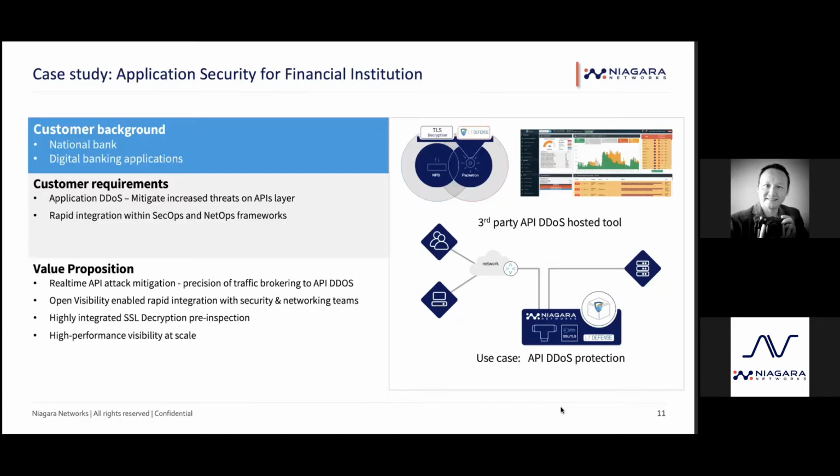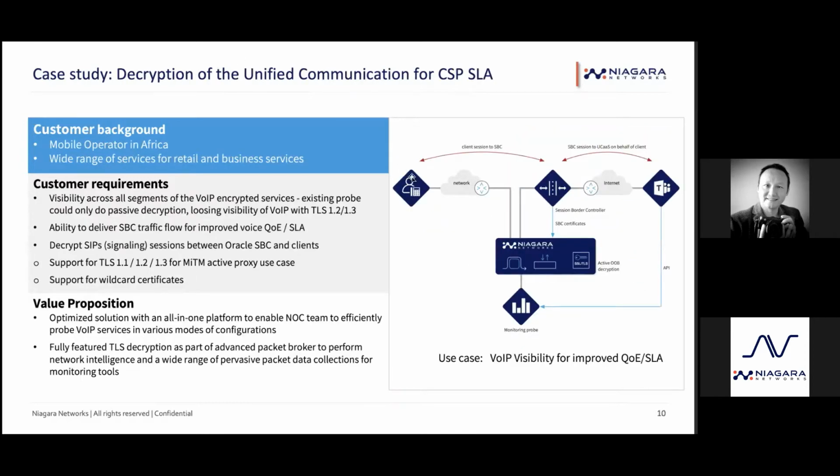A very good question. If we look at our sweet spot, we are focusing on the slow protocol deployments. Hence the reason that we were very successful in the deployment with the session border controller, for instance.